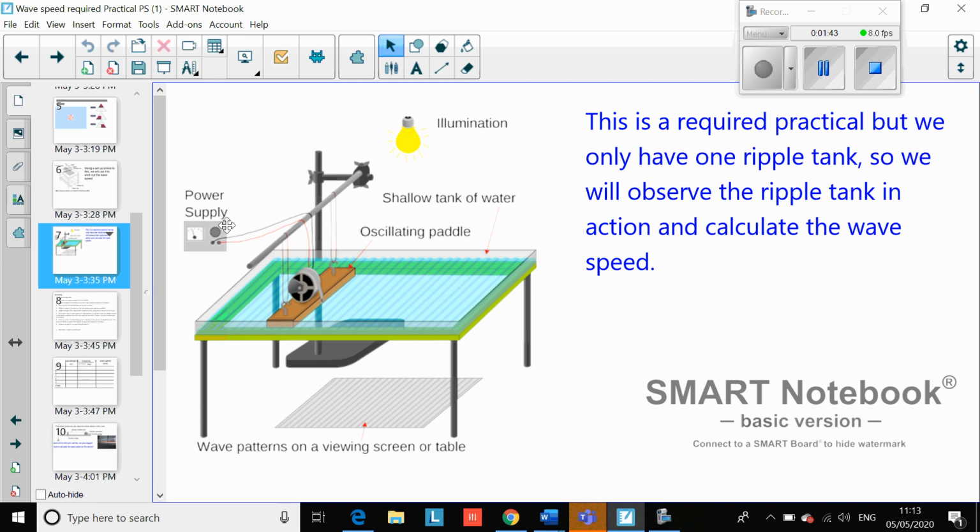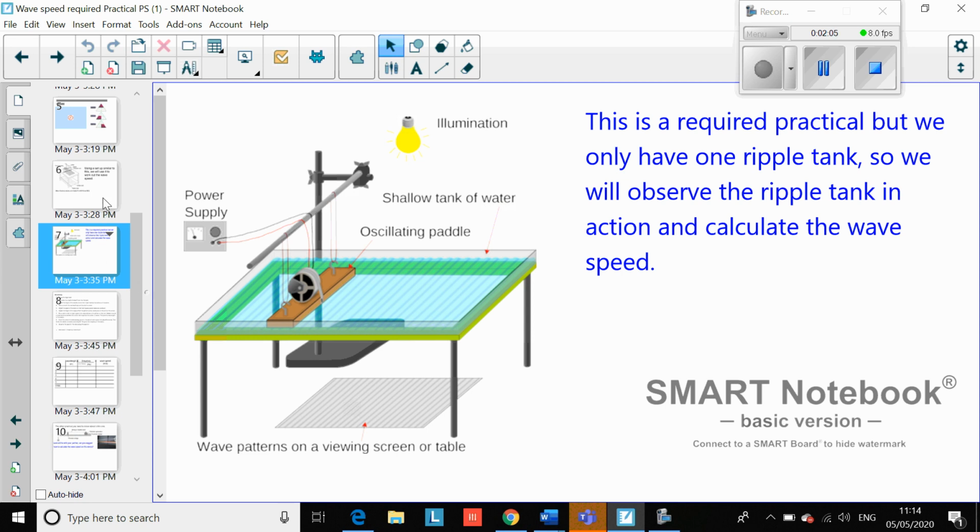As the alternating current goes backwards and forwards, it causes the motor to vibrate backwards and forwards, creating ripples in the water. As the light shines through, the shadows of those ripples are passed onto a screen, and you can then see the waves. That is basically how the ripple tank works.